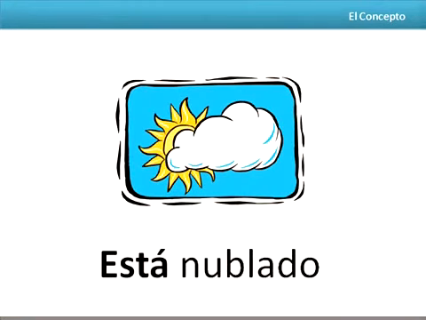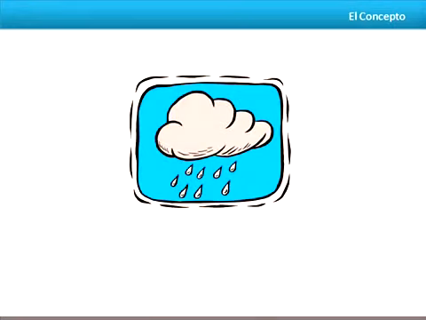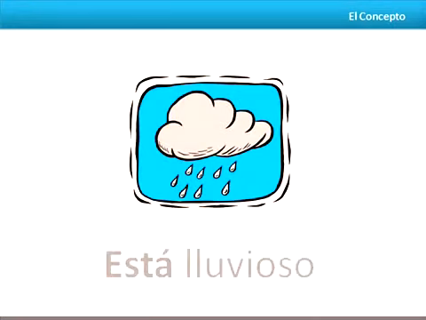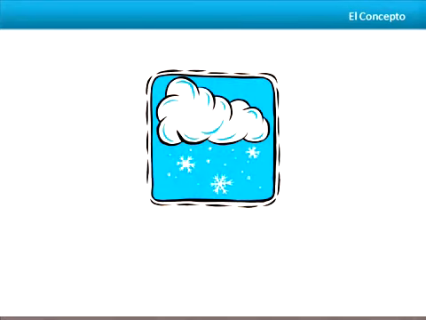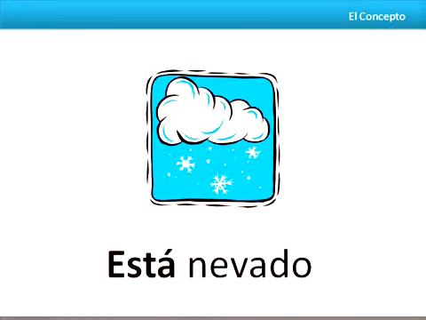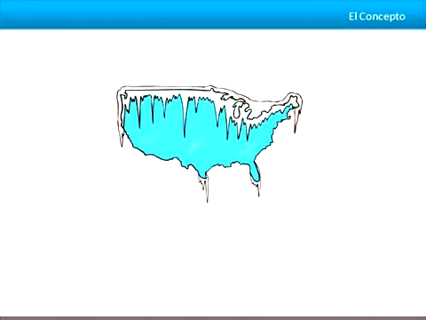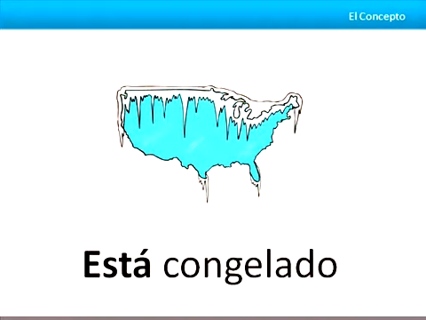Está nublado. It's rainy. Está lluvioso. It's snowy. Está nevado. It's frozen. Está congelado.